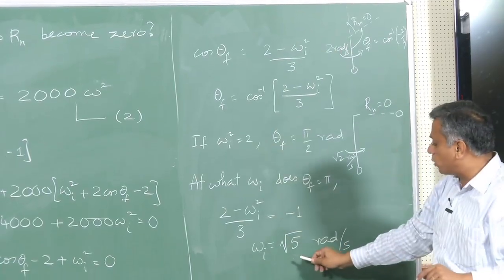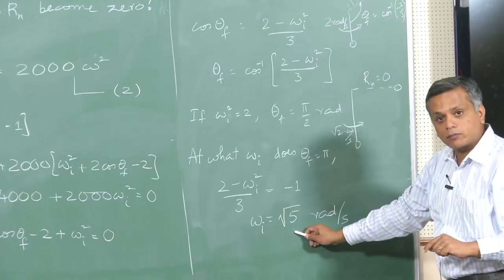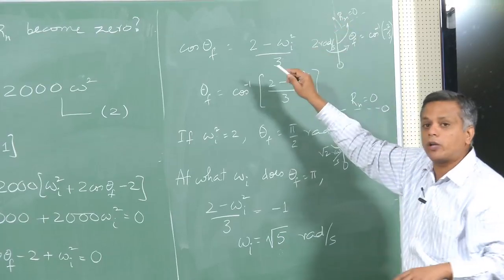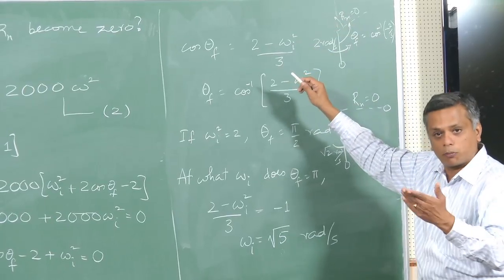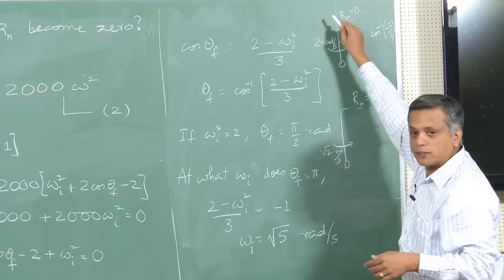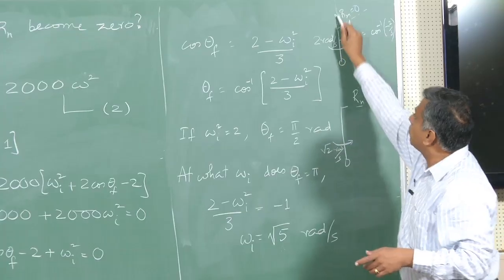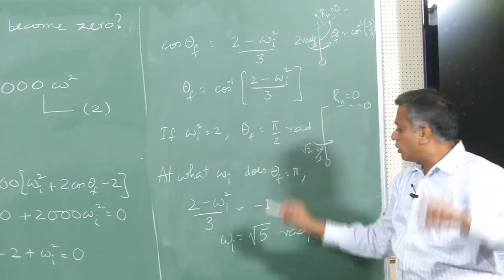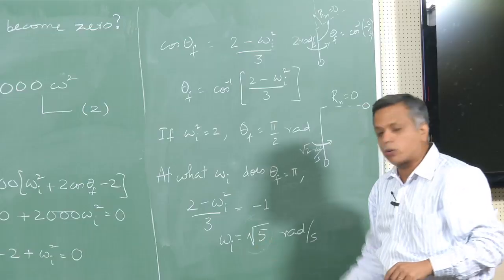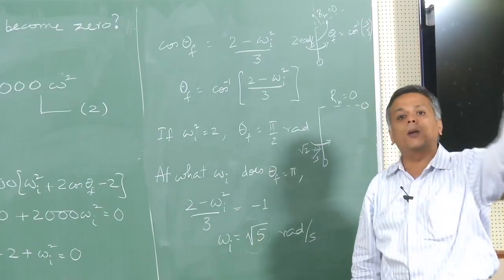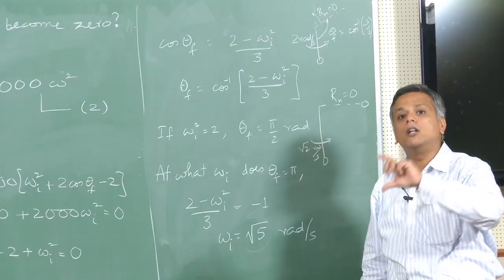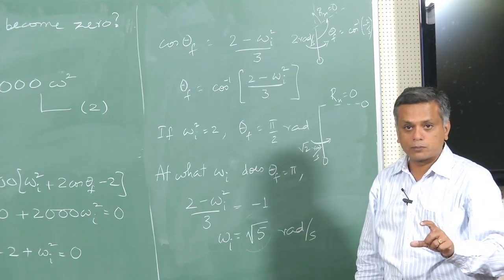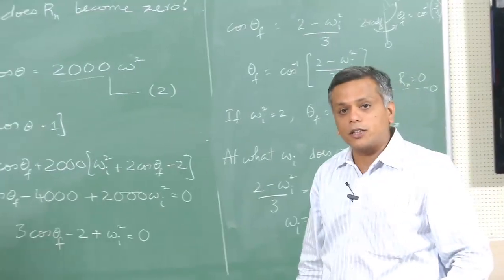If I give it square root of 5 radians per second, the bar would get to the top easily, and the normal reaction in the bar would become 0 only at the top. So if I give it slightly more than square root of 5 radians per second, the bar would complete a full circular motion with the bar being in tension all the time. Okay. We will continue this discussion in another example problem.